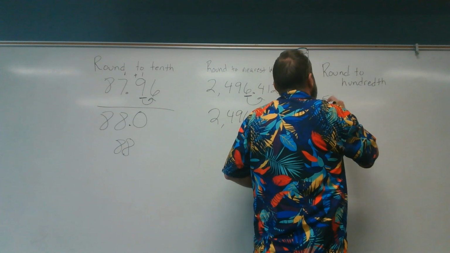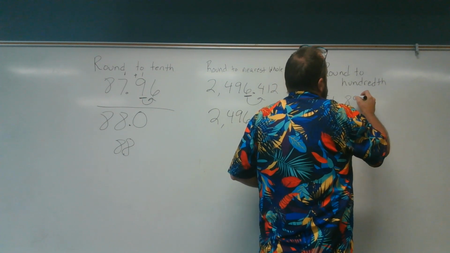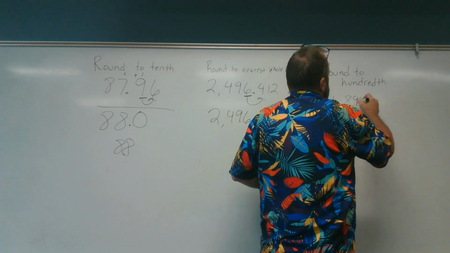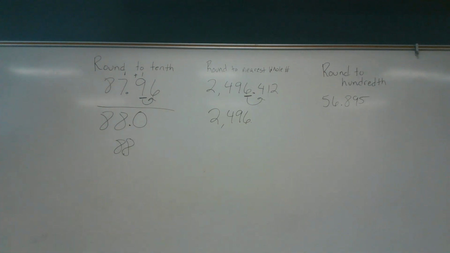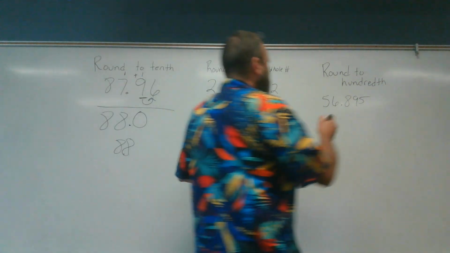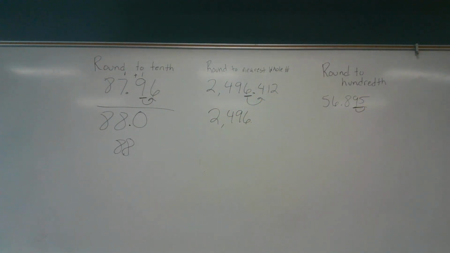All right, so round to the nearest hundredth. So let's take 56 and 895 thousandths. Cheyenne, since we're going to round to the nearest hundredth, what number's in the hundredths place? The 9. So I'm going to either add 1 or add nothing to my 9.